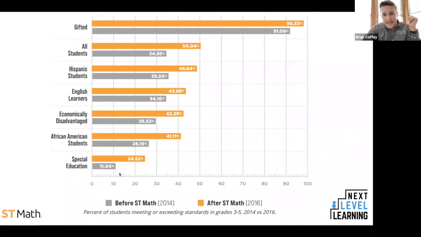And in special ed, students more than doubled their achievement score when ST Math was introduced. So this shows you, we're not just saying we have equity and access, we're showing you, we are for all kids, all learners. When they are playing ST Math, they can both be remediated and enhanced wherever they're at in their subgroup identification.